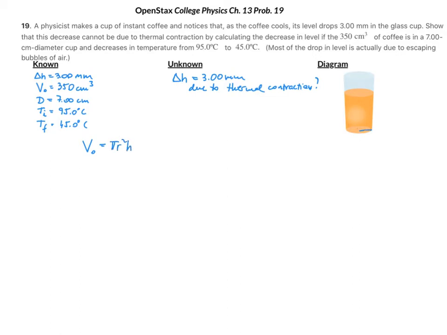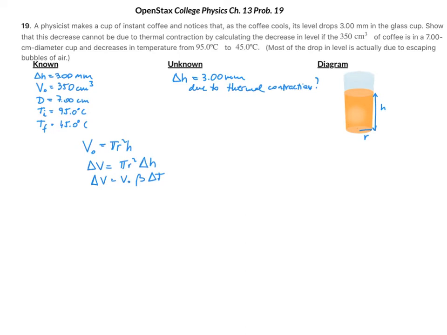This is my r, and this would be the h. Then delta V, the change in volume, will be pi r squared, those don't change, delta H. But by volume thermal expansion, we know that delta V is V naught beta delta T.